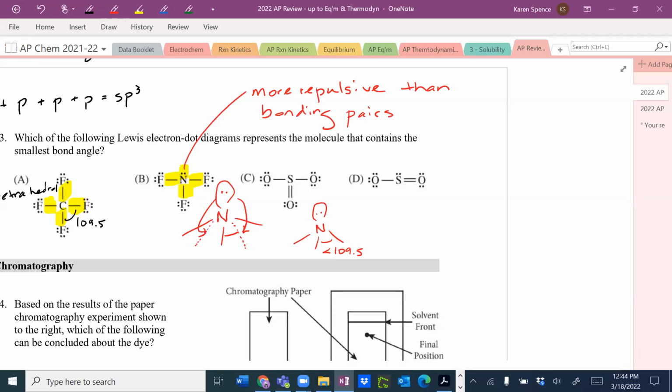How many electron domains on our sulfur in C? We have 1, 2, 3 electron domains on the sulfur in C. So what that means is, what's our bond angle? 120, yes.